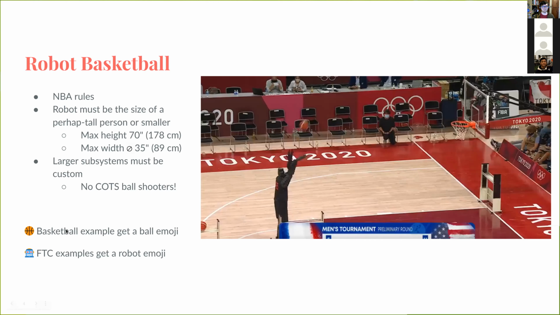Anytime that you see a basketball emoji come up, there'll be an example related to this robot basketball problem. And anytime you see a robot face emoji, it'll be something more aligned towards FTC in particular.